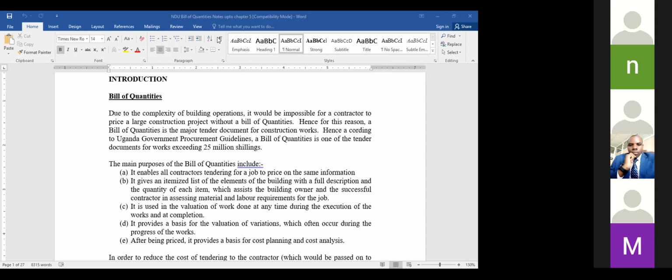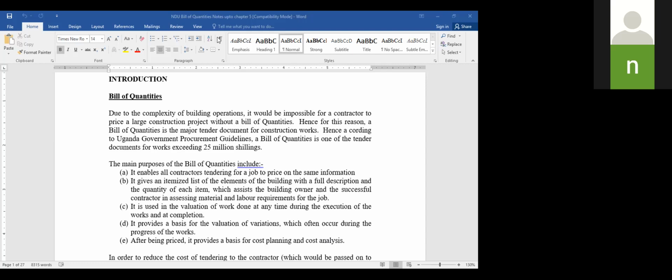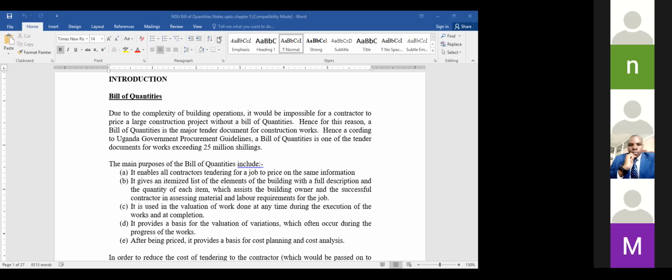It's very important for somebody who is taking on a very large project to have a bill of quantities, because it's harder to estimate, say, a 5-floor building as compared to maybe a 2-roomed house.